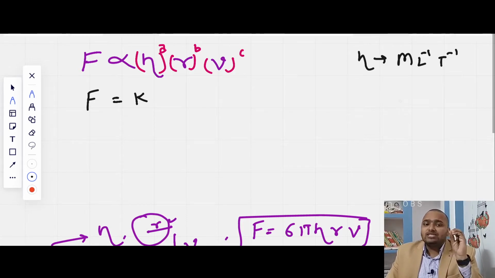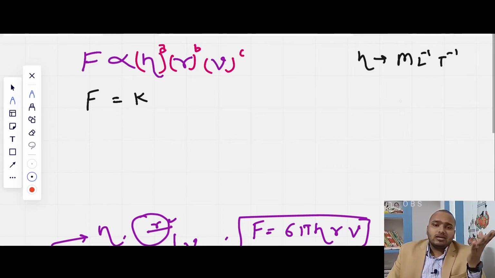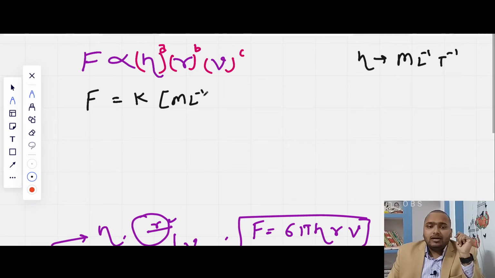That is not a wise way to work with physics or with any problems. The wise way is to remember the relation with other physical quantities, or their SI unit, and then you can simply find out the dimensional formula. So let us write (M L^-1 T^-1) to the power a.